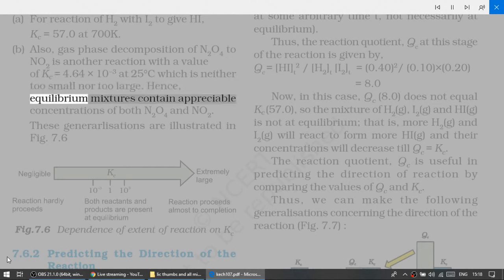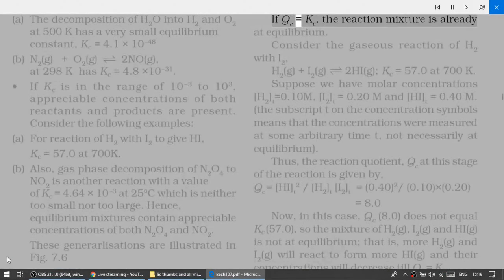Hence, equilibrium mixtures contain appreciable concentrations of both N2O4 and NO2. These generalizations are illustrated in Fig. 7.6. If Qc = Kc, the reaction mixture is already at equilibrium.